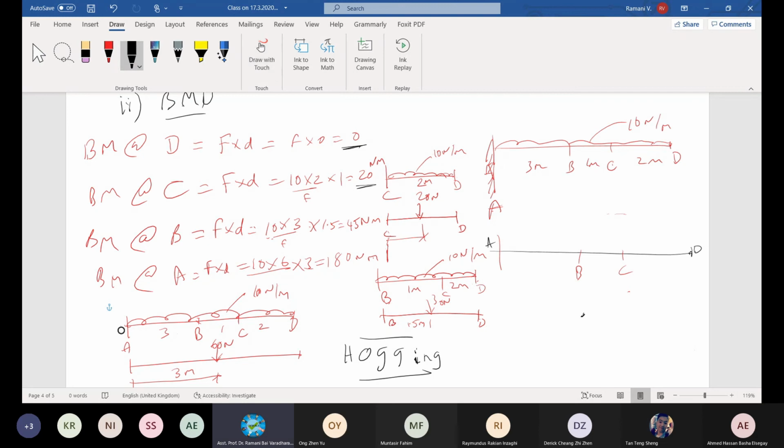At A it is also positive, all positive. You got the answer as positive, okay, fine, no problem. And then this one here, like this, mark here. Hogging moment. Let me connect all these things.